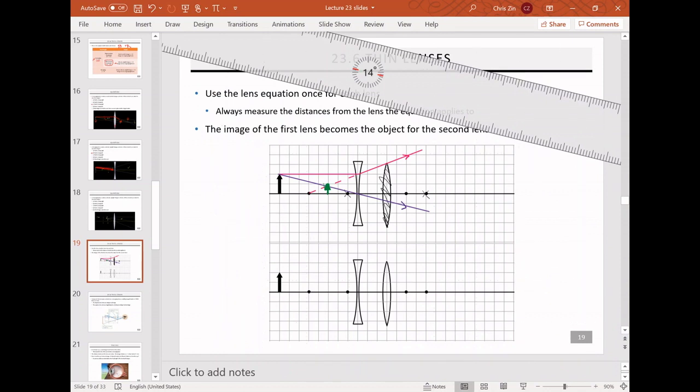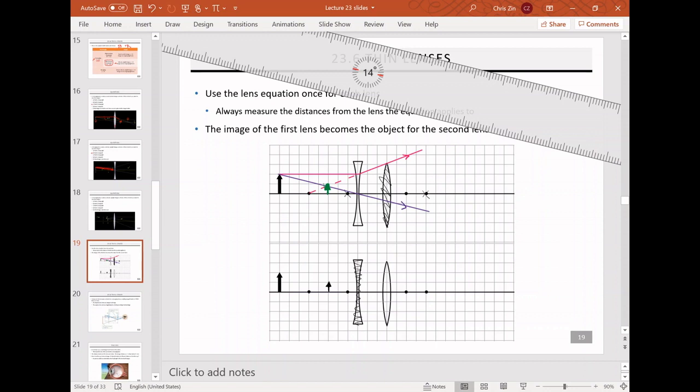Now we want to use that image as if it were the object for the second lens. So I'm going to take that image and translate it down to the bottom figure. We found an image that was located right here. The second lens here is the converging lens, so I'm going to completely ignore the diverging lens.